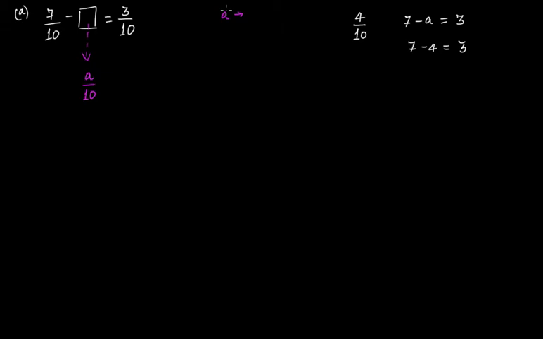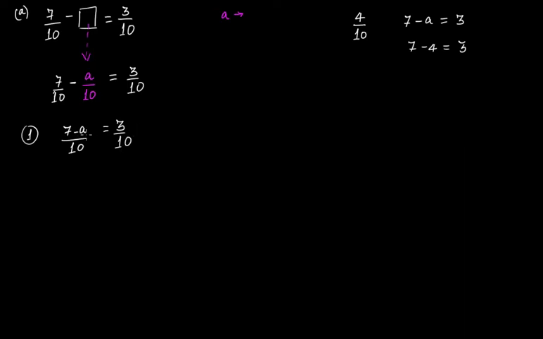So 7 divided by 10 minus a divided by 10 should give 3 by 10. The first step: the denominator is 10, then 7 minus a. This will be 3 by 10.